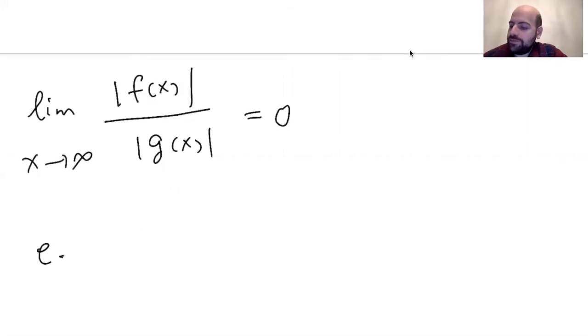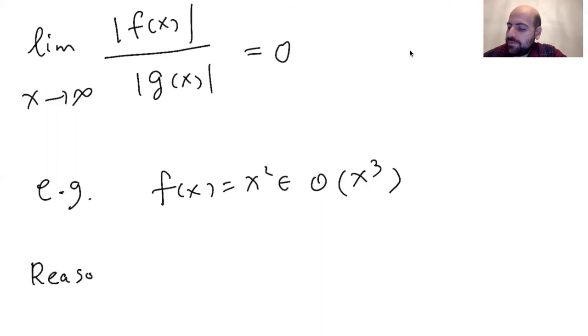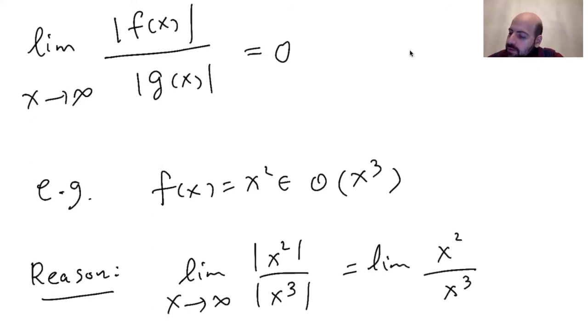So for example, we can say f(x) equals x squared is small o of x cubed, right? And the reason is the limit of x squared over x cubed as x goes to infinity. Again, you can say absolute value, but of course the absolute value of x squared is the same as x squared, and the absolute value of x cubed is the same as x cubed as x goes to infinity. So this is 0.